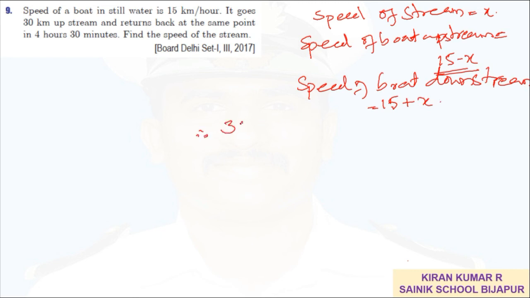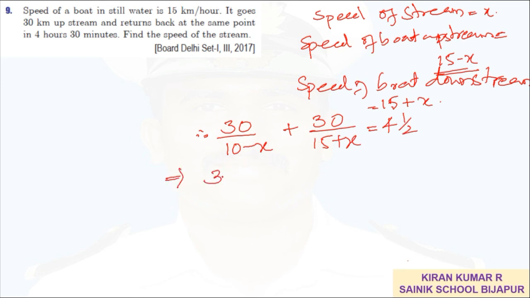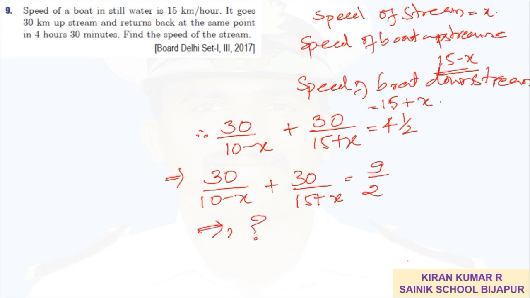Therefore, distance divided by the speed will give the time: 30 divided by 15 minus x plus 30 divided by 15 plus x will be equal to 4.5, because 4 hours 30 minutes, or the equation can be written as 9 upon 2. This equation has to be simplified, and we'll find the value of x. The x value will be 5 km per hour. You can try this on your own.